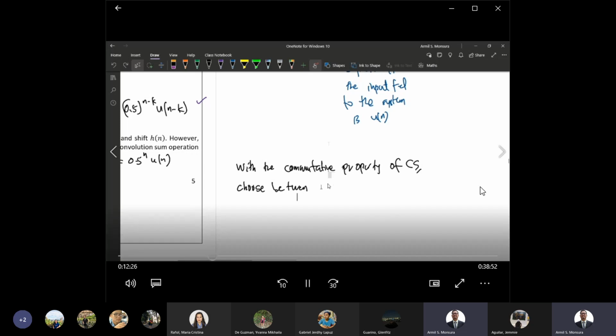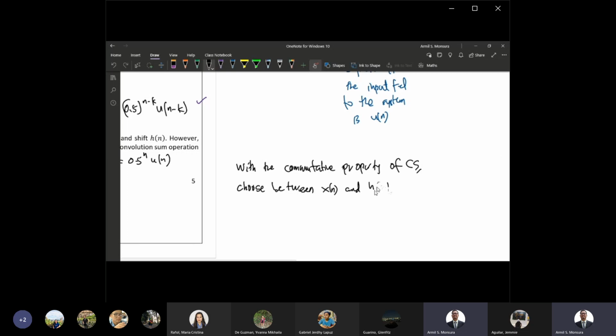You can choose which between xn and hn to fold and shift. Okay? You can choose between xn and hn to fold and shift. Alin sa hn at saka xn, yung i-fold and shift natin.